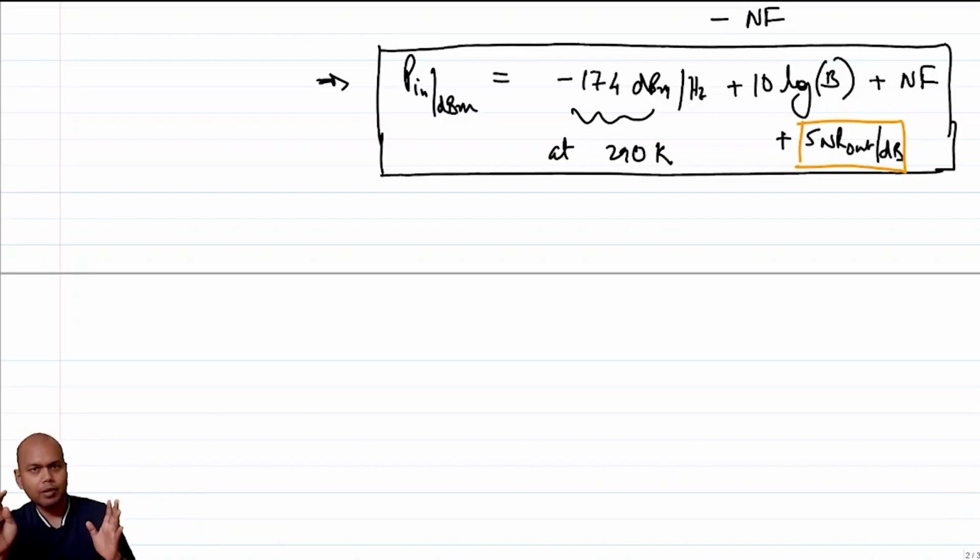Now, depending upon what backend protocol you have, you will be told that I need only this much SNR out. As an RF designer, you will be told by the system level designers that, hey, I want this much SNR out.